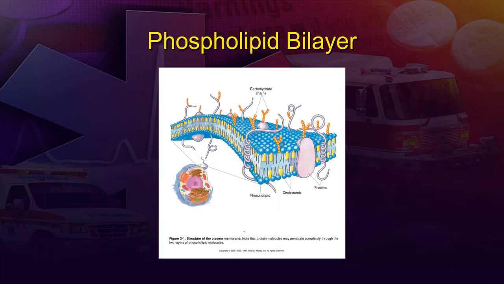Here we can see the phospholipid bilayer and its embedded proteins and carbohydrates as well as lipids. So we can see that we've got our phospholipid bilayer with the blue head being the head that likes to be towards water, hydrophilic. And then we've got our tails separate from water, the hydrophobic tails.